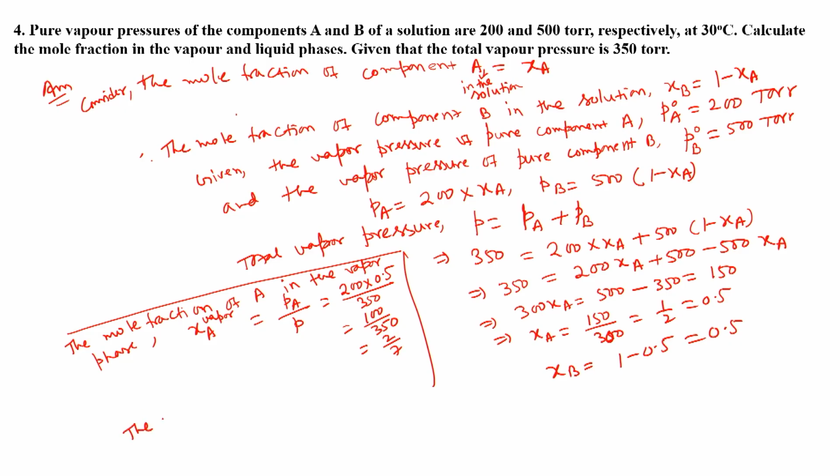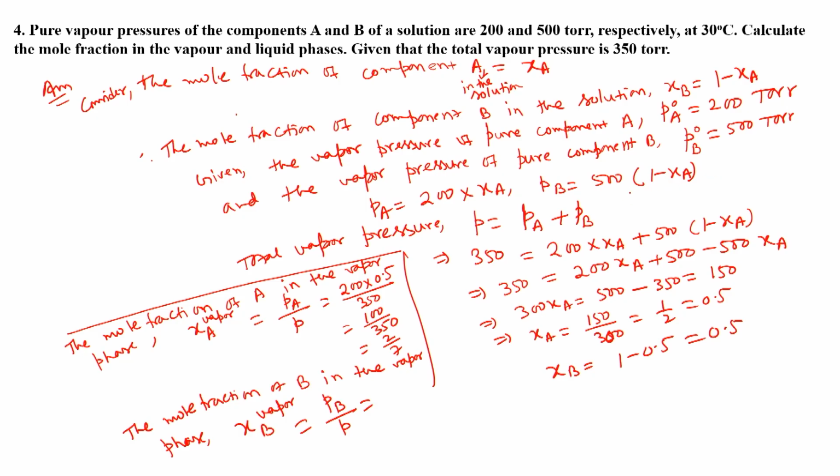And the mole fraction of B in the vapor phase, if we say this is XB vapor, is PB by P. Now, the value of PB is 500 times 1 minus XA.